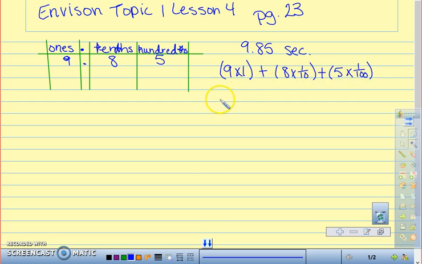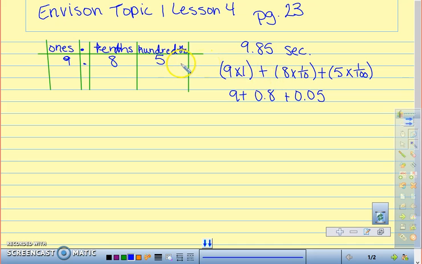And another way I could just write it is in regular expanded form, which would be 9 plus 8 tenths plus 5 hundredths. All of these are equivalent. I just want you to be able to understand the different ways that you can write each decimal place, or each place value for that matter.